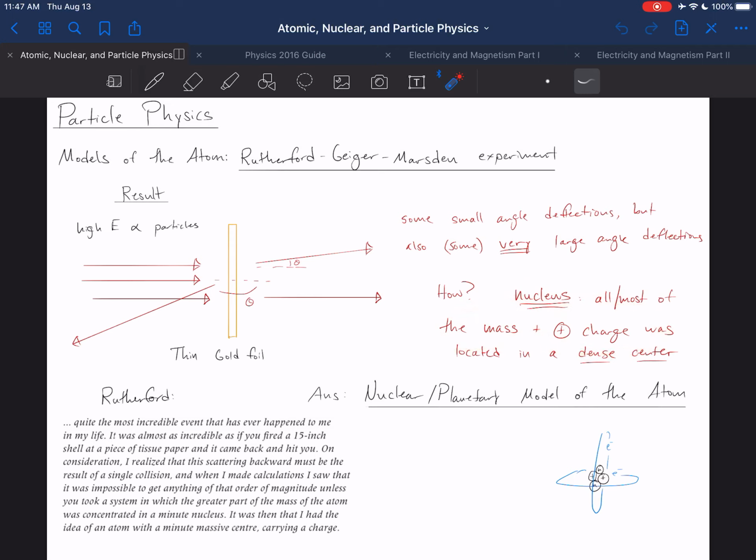And this led to what I affectionately call the Jimmy Neutron model of the atom, otherwise known as the nuclear or planetary model of the atom. This is the model of the atom that is traditionally introduced in elementary science classes, where you have electrons visually depicted as orbiting that central nucleus, a very, very tiny but massive positive nucleus.